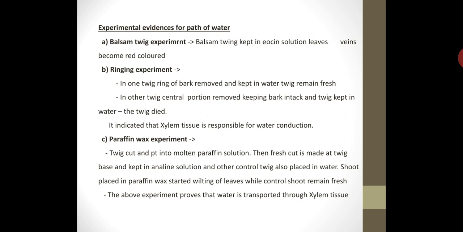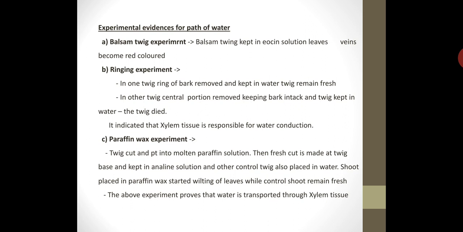While in the first twig, the central part, that is xylem, was kept intact, and only the external phloem tissue was removed in the form of a ring. As xylem was intact, water was absorbed by the xylem, so the twig was fresh. This is what the ringing experiment proved: xylem tissue is responsible for the conduction of water.